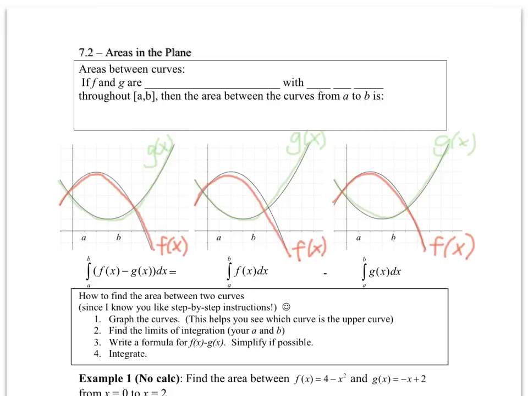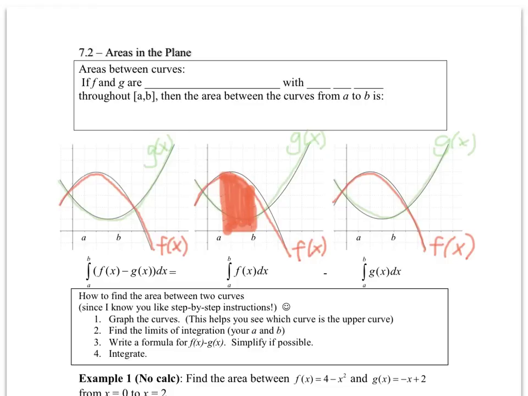So I would end up with a region that looks something like this, in orange. It's not letting me undo that, let's see if I can erase it. There we go. So it would be this region right here, from a until b, stopping at the x-axis and following the curve, and we'd be looking for that area.